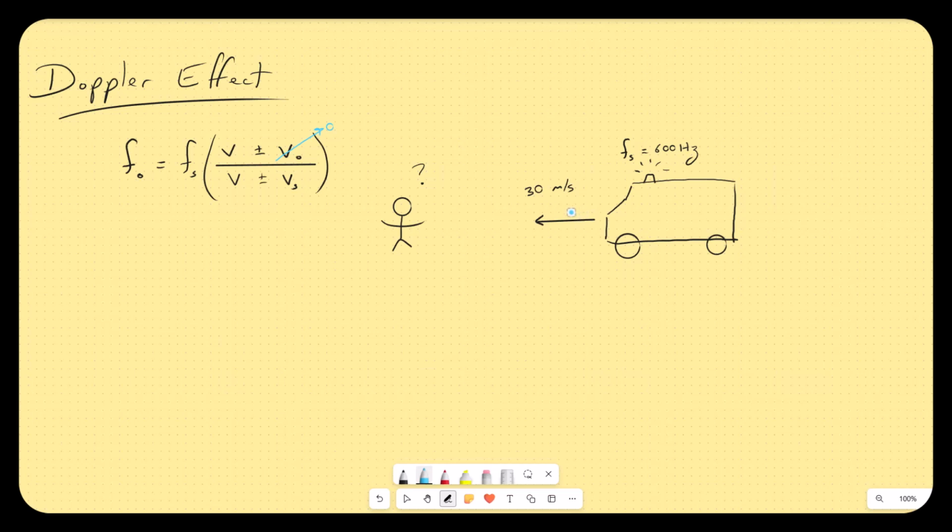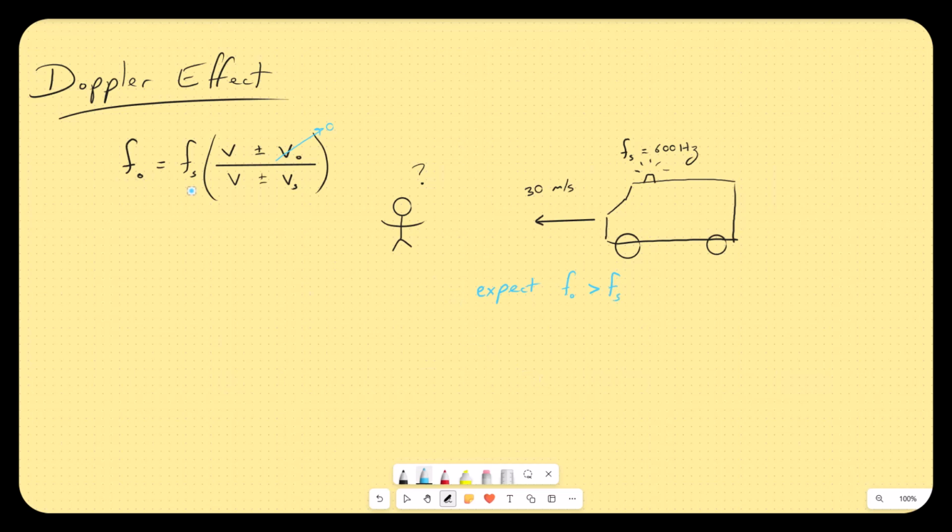I'm going to get hit more than 600 times per second because it's moving toward me. Every time that it launches the next balloon, it's already a little bit closer to me than it was. So I expect that my observed frequency is going to be bigger than the frequency of the source.